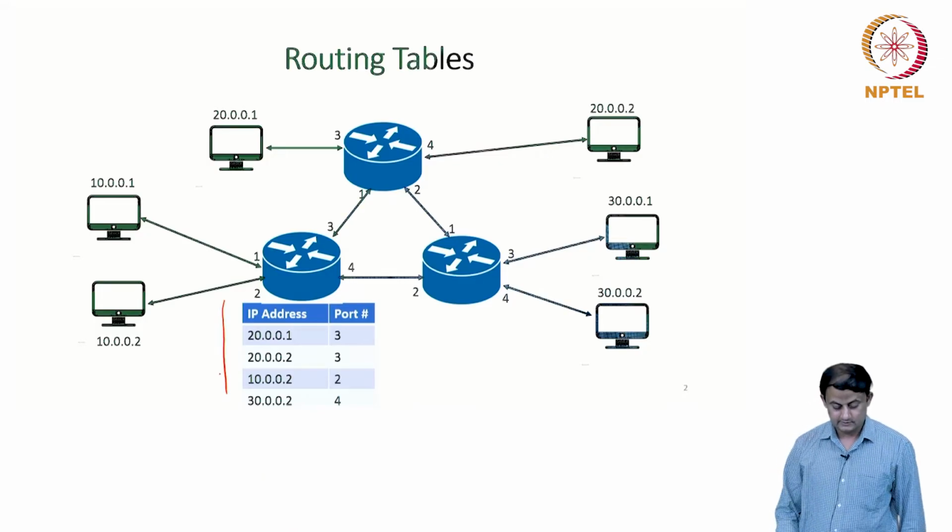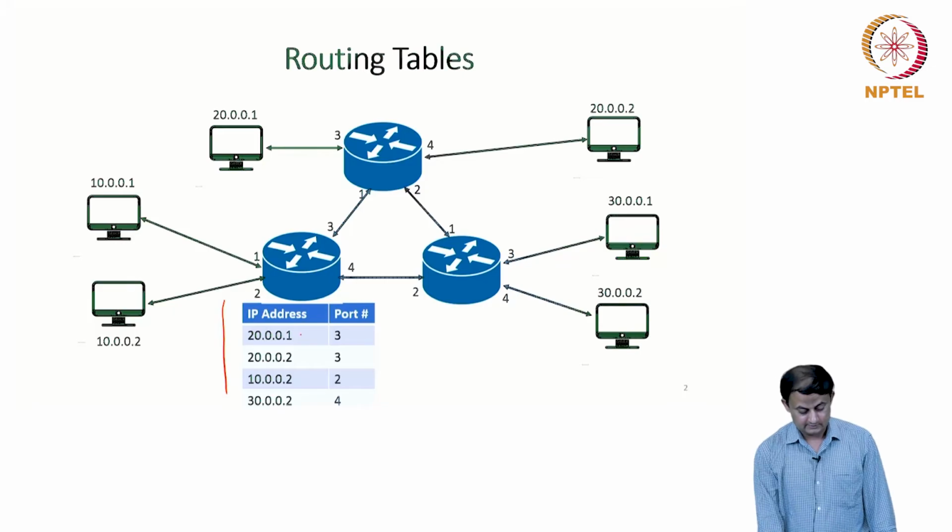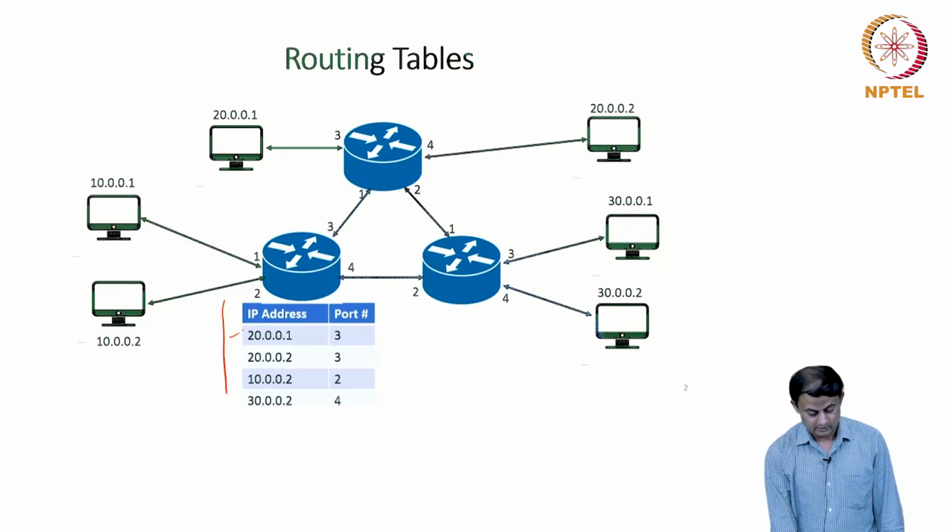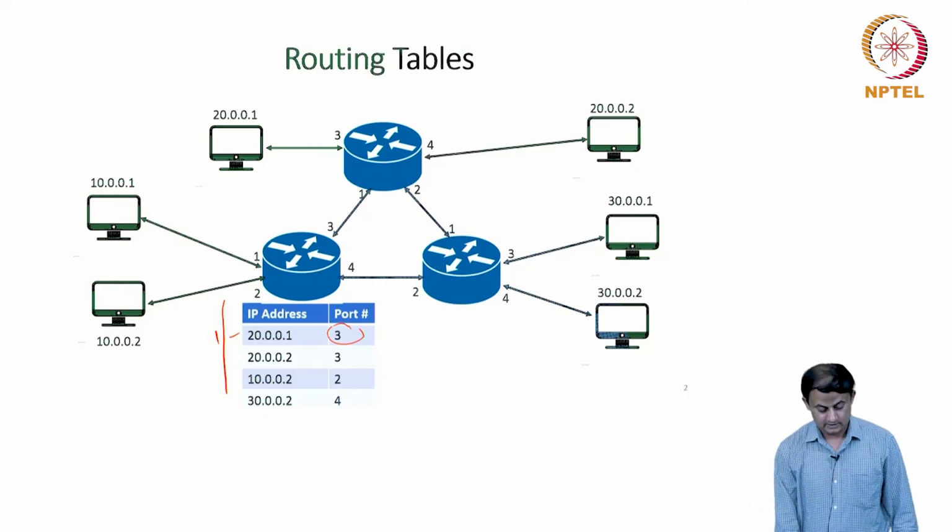What you have is a bunch of IP addresses. So this is IP address number 1, and if you receive a packet with this destination IP address, you need to send it to this port number. That is the meaning of that. Similarly, if you receive a packet with this destination IP address, you need to send it to the same port number and so forth.